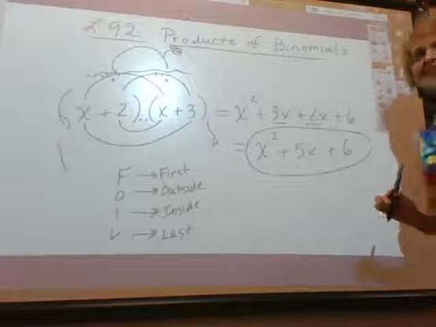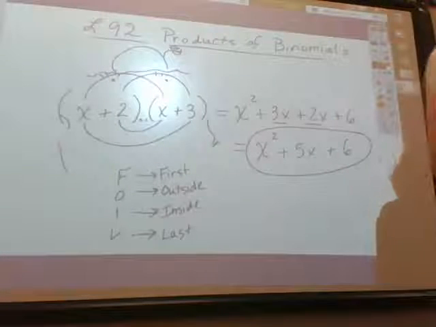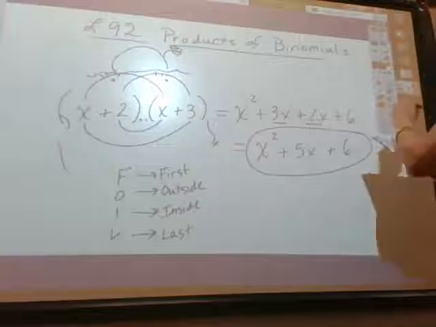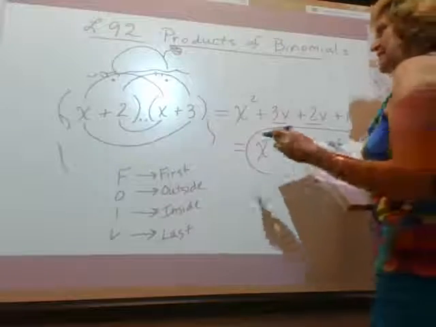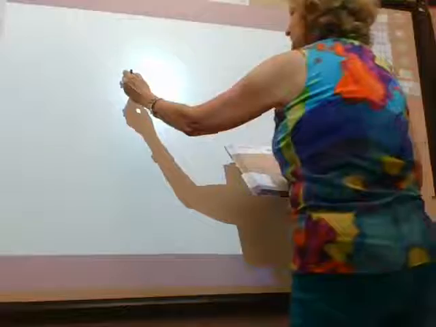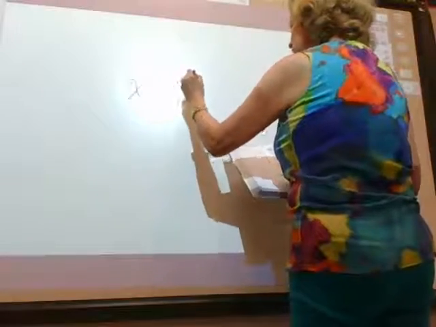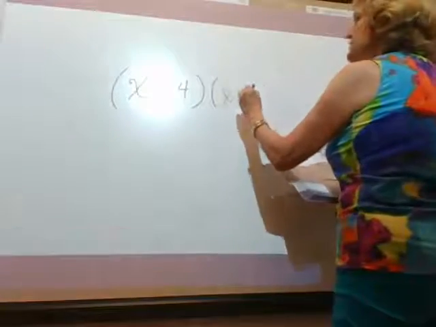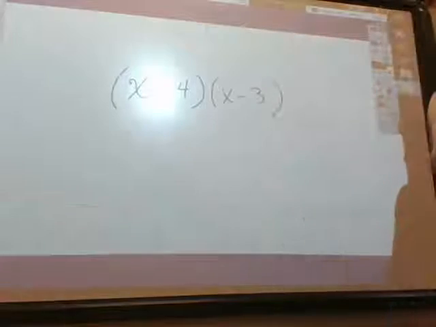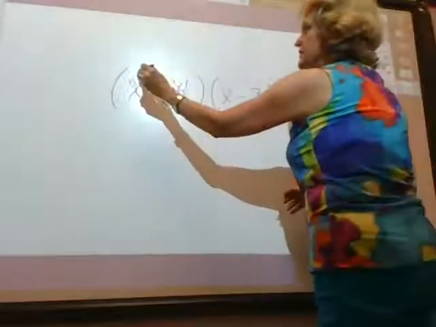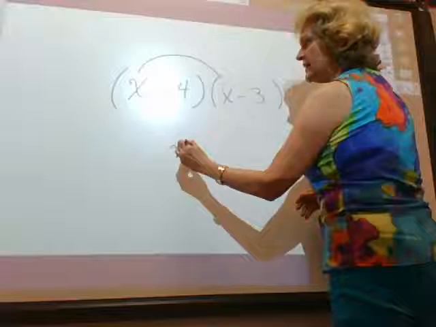All right, did you guys get how to do FOIL? Well, let's do one with negatives and make sure that we've got it. Let's try something else here. Let's say that we've got x minus 4 times x minus 3. Okay? So again, first times first, x squared.